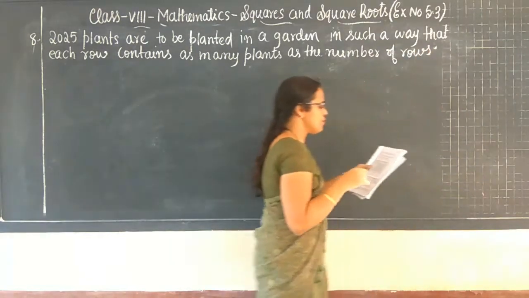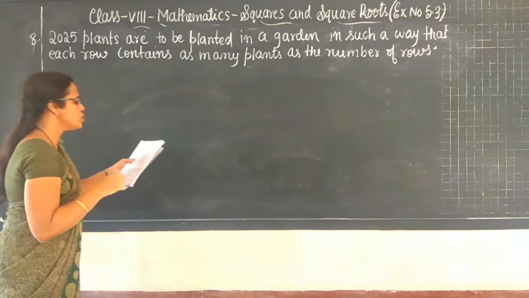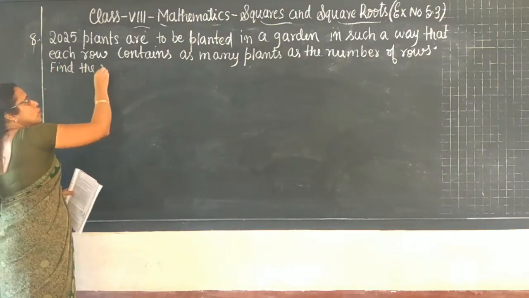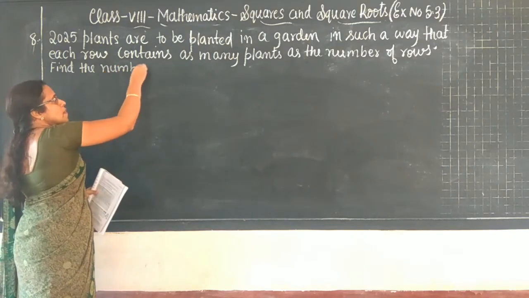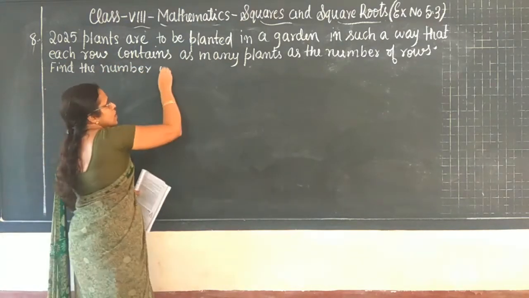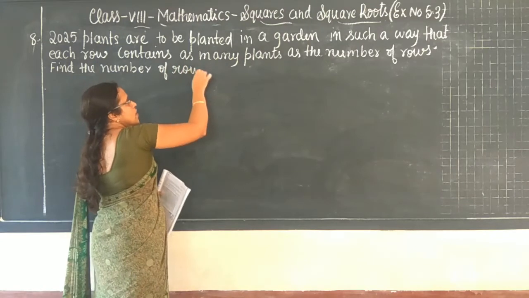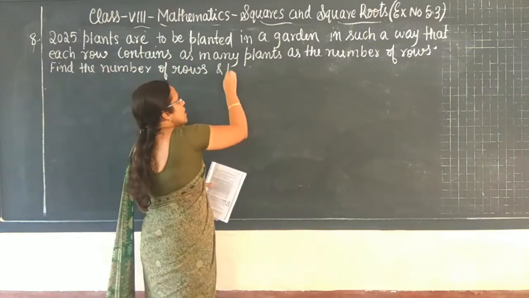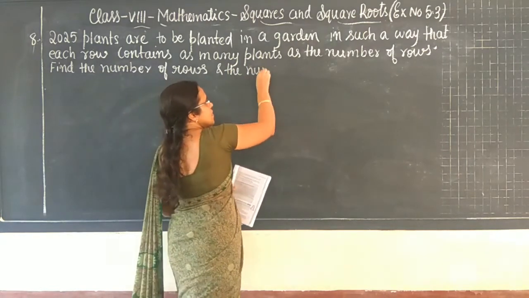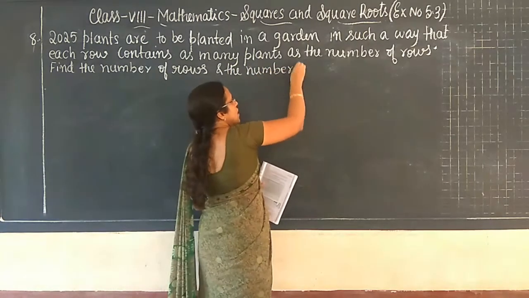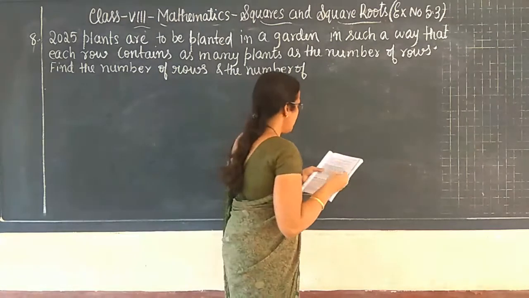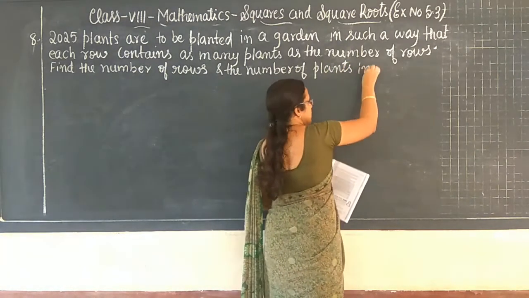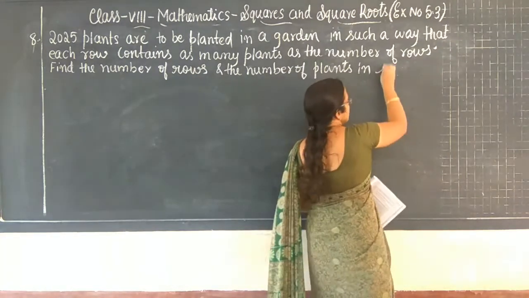Find the number of rows and the number of plants in each row.